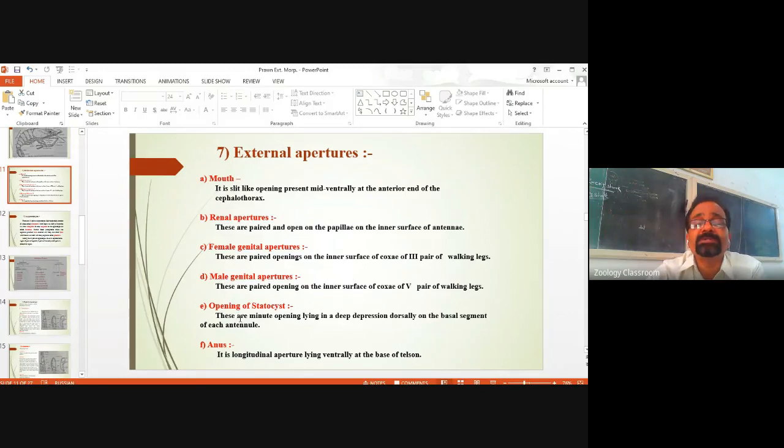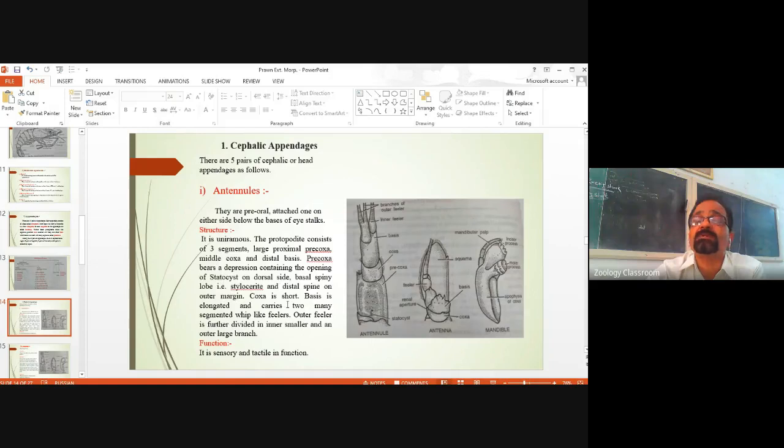There we mentioned that these are minute openings lying in a deep depression dorsally on the basal segment of each antennule, and here is that basal segment, the precoxa. This is how the depression containing the openings appears on the dorsal side.